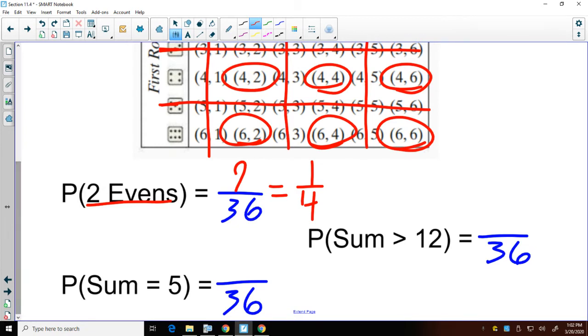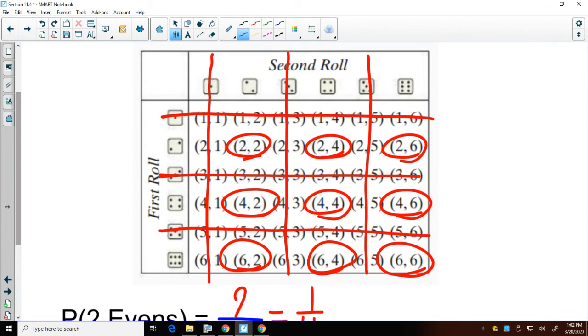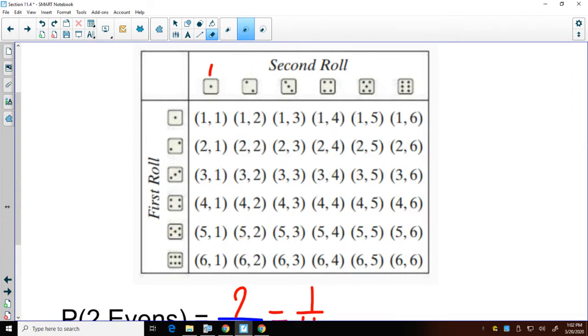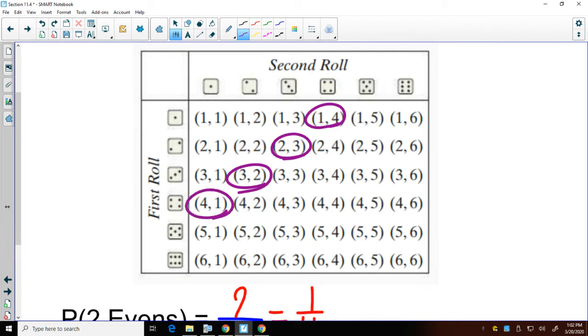What's the probability that I have a sum of my 2 die equal to 5? Well, let's go up here. Let's do some quick erasing. So if I want a sum of 5, there's a sum of 5 because 1 plus 4 is 5. 2 plus 3 is 5. 3 plus 2 is 5. 4 plus 1 is 5.